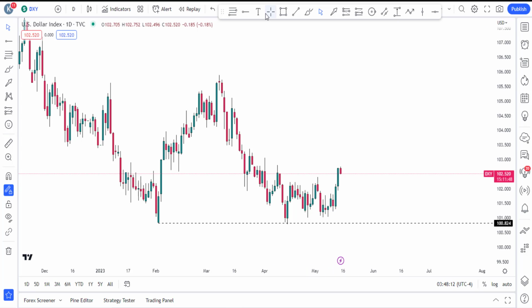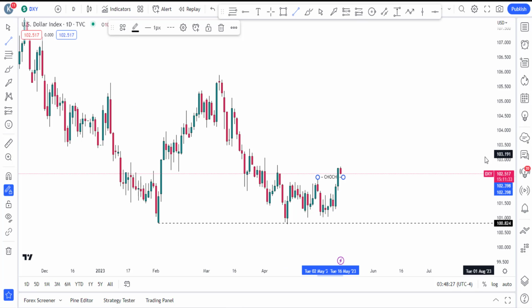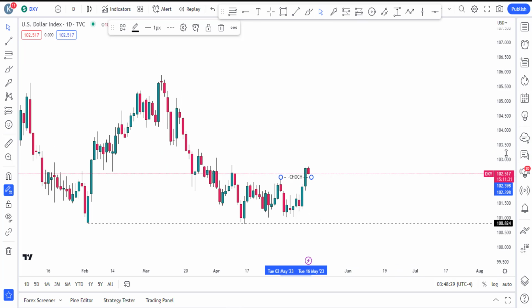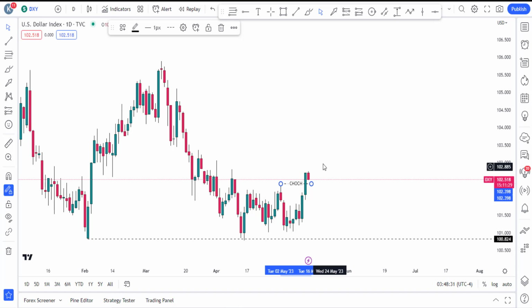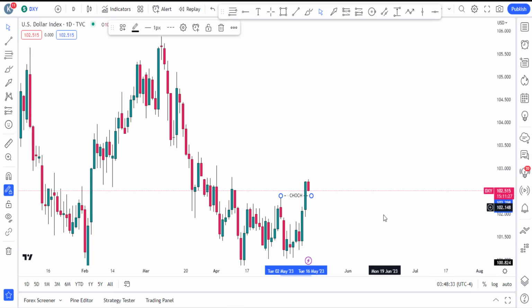Just above here, we have just broken structure. Can you see? This is a market structure shift. Let me just give us a tilted line, a market structure shift, or what we call a change of character. And after a change of character, what do you expect price to do? A possible movement in the direction of that market structure shift.